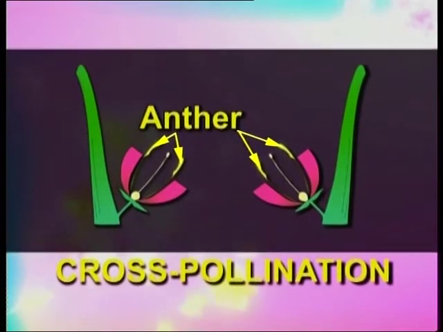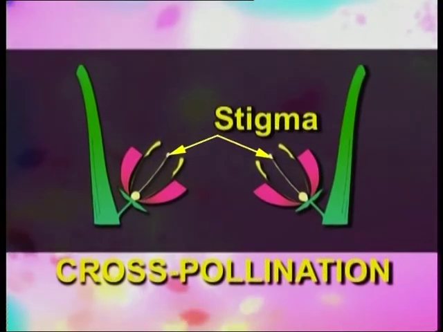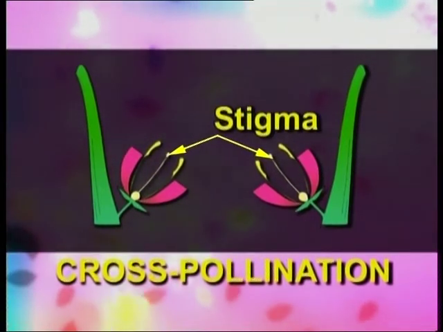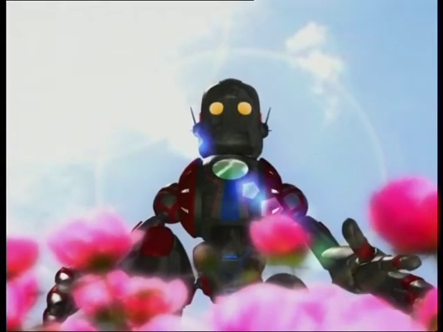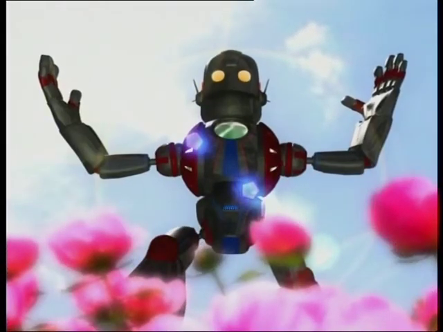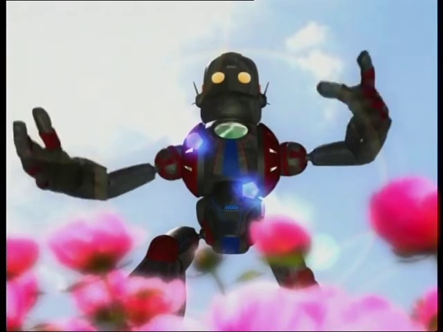Unlike self-pollination, cross-pollination takes place when pollen grains are transferred to a flower on a different plant. Cross-pollination is better than self-pollination. Do you want to know why?